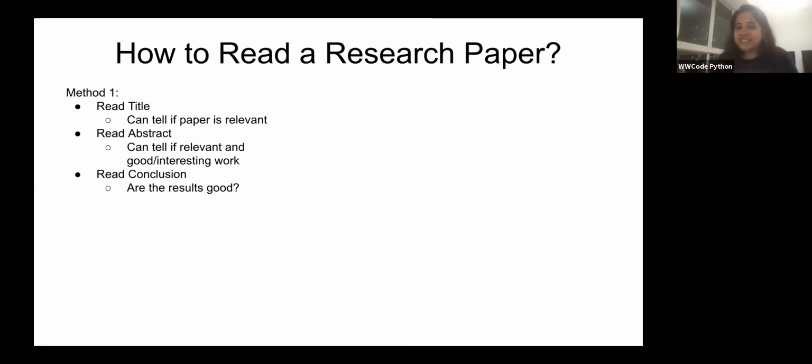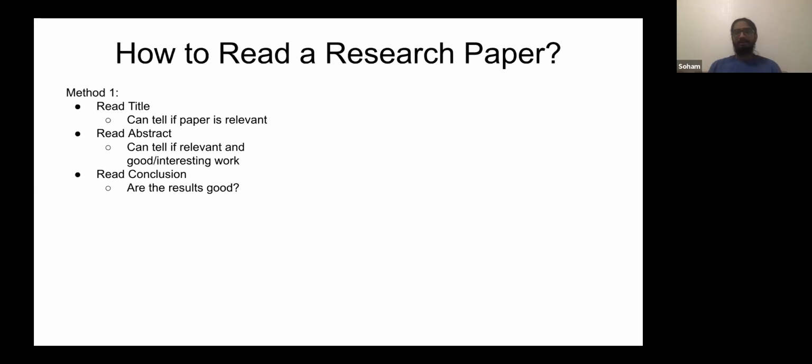You wouldn't skip parts of it. So for papers like that, I would definitely say read all parts of it. But if you are reading papers which are not so common, or you just heard about by word of mouth, or you have been going over it previously, then I would say try out this method.